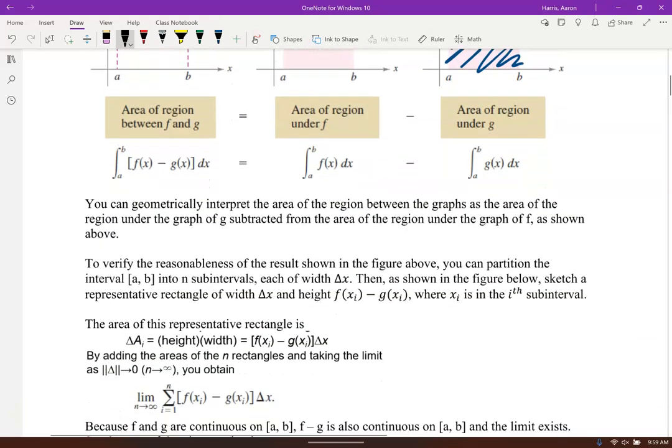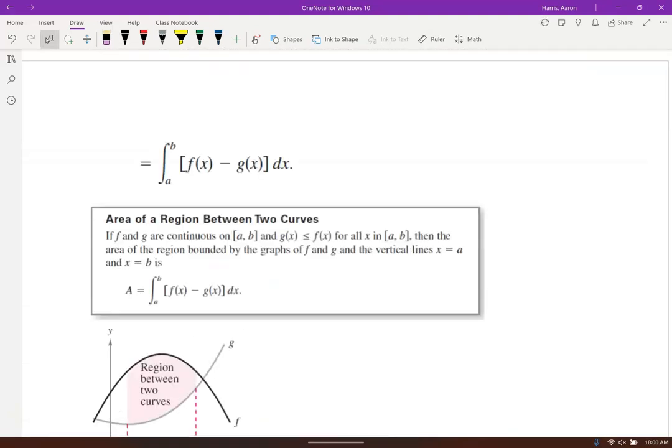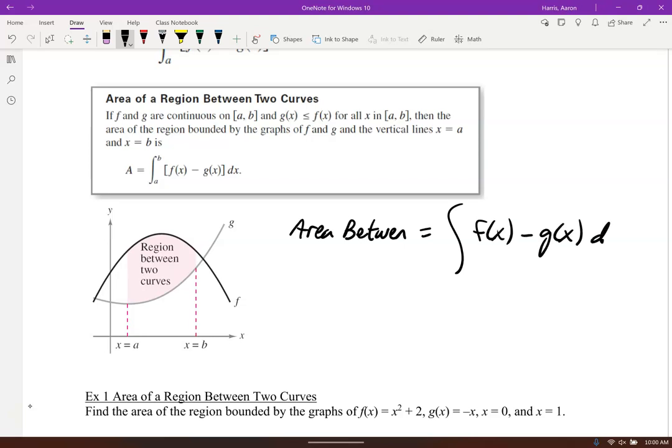So the area between the curves, where f is always the one on the top, at least for this description, would be the integral of f minus g.